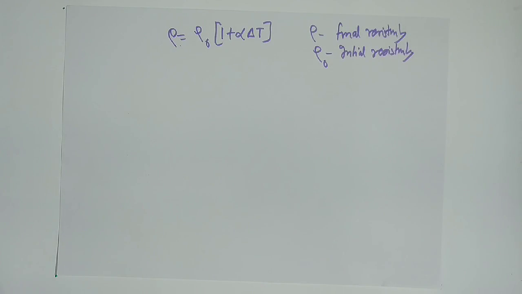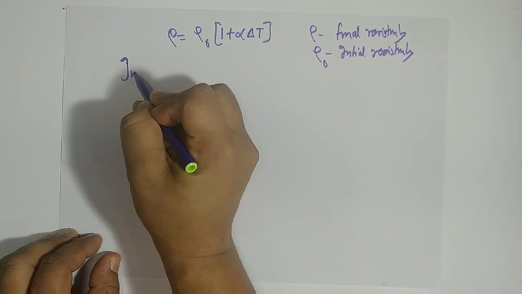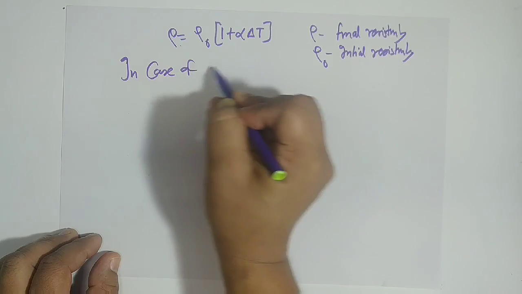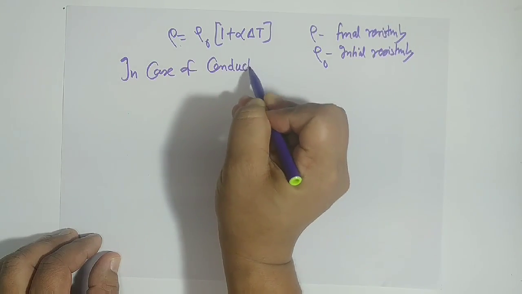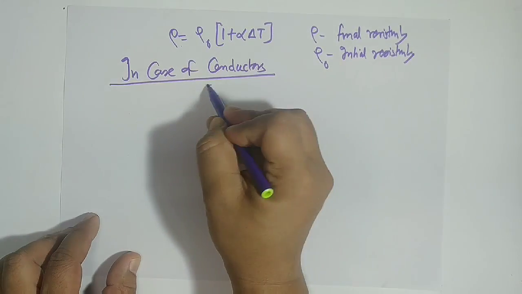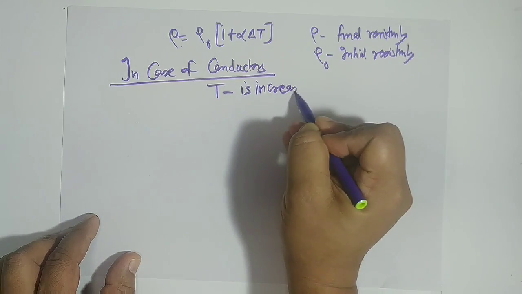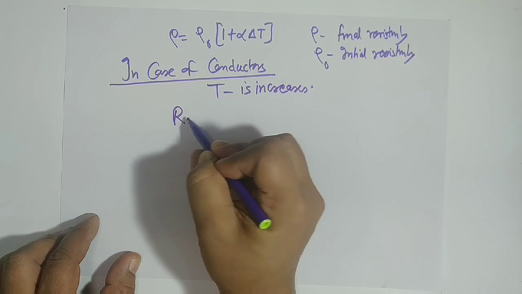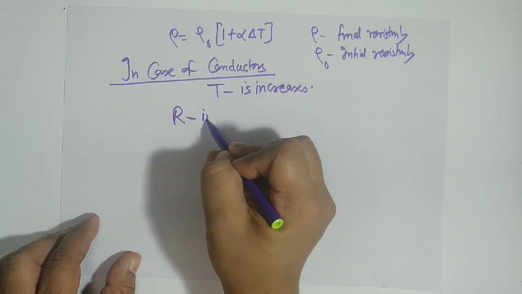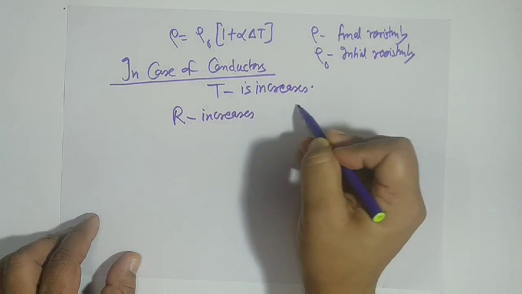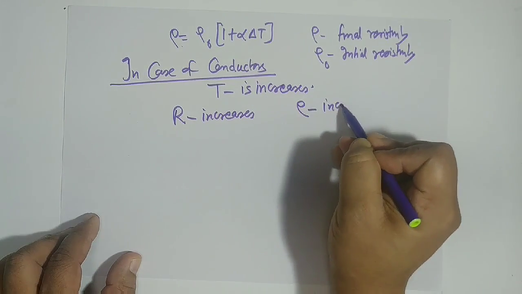So this is temperature dependence. And you remember that in case of conductors, this is a very important concept. If the temperature T is increased, resistance R increases and resistivity increases.